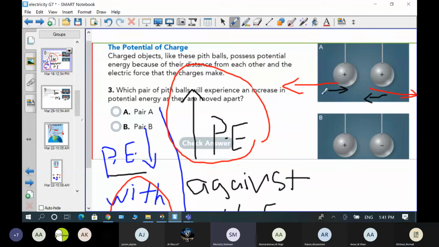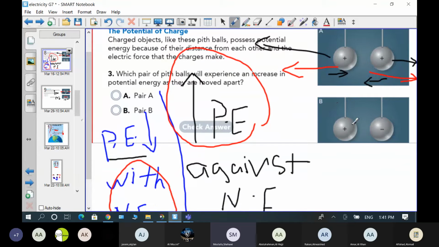If you want to decrease potential energy, go with natural forces. The same applies to this one, but here we have a different natural force. The natural force is already the attraction force. I'll make it in blue, for example. This is the attraction force. If you go with it, potential energy decreases. If you go against it, potential energy increases, and the same rule applies. So this rule applies here and here.